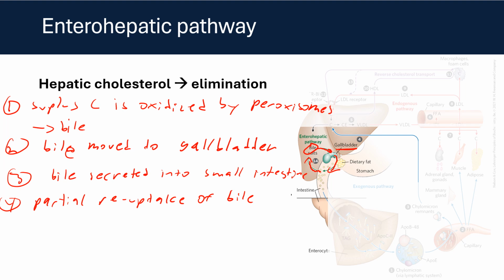But a good amount of that bile is going to just pass through and be eliminated as stool. No beta oxidation is occurring here. Cholesterol is never a fuel source.